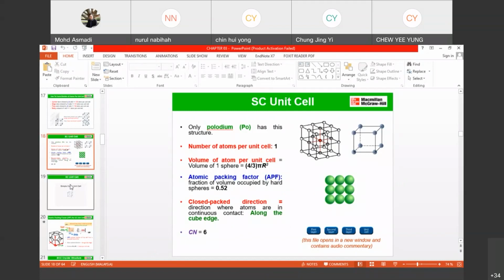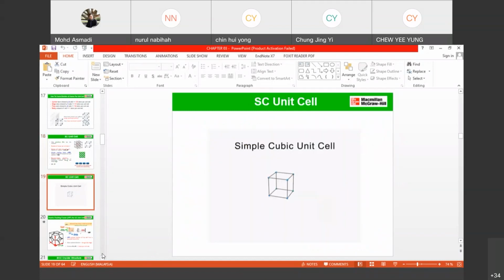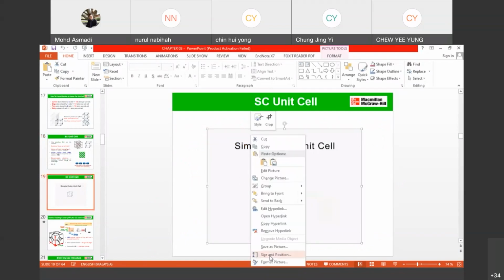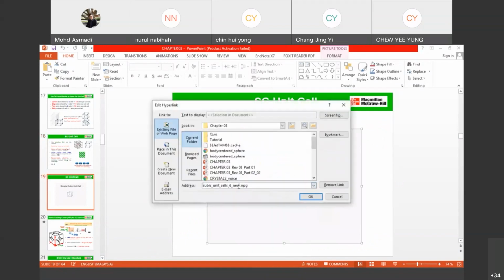It's okay. So let's see this video. I hope this one we can play. Simple cubic unit cell.